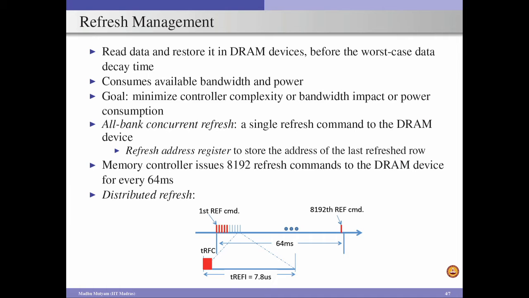Effectively we interleave refresh with the normal mode of operation, so that rather than issuing all 8192 refresh commands continuously, we give one refresh command now, wait for some amount of time to service processor or IO requests, and then go for the second refresh command, and then again wait to service processor or IO requests, and this continues.